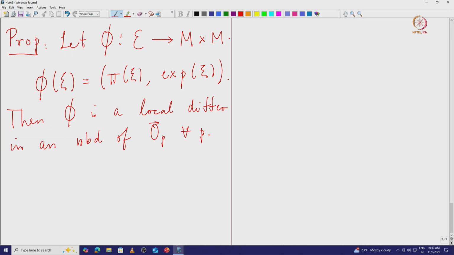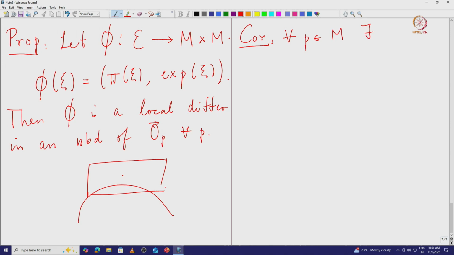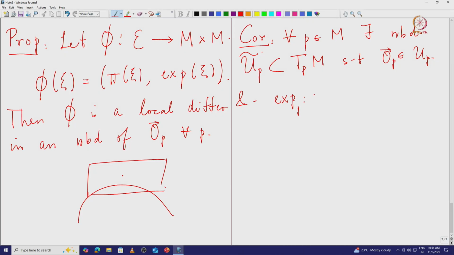Alright, so the idea is that if you are looking at the tangent bundle, a corollary is that for all p there exists a neighborhood U_p tilde such that the origin is contained inside U_p tilde and the exponential map at p is a diffeomorphism. So I will denote neighborhoods in the tangent space with a little tilde on top.